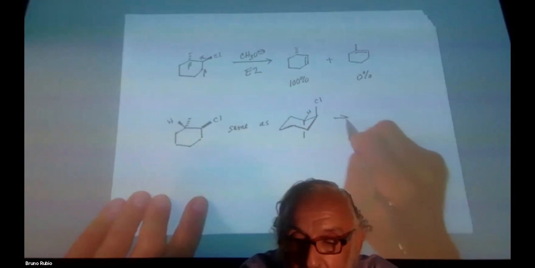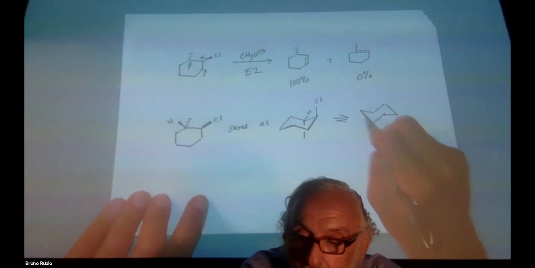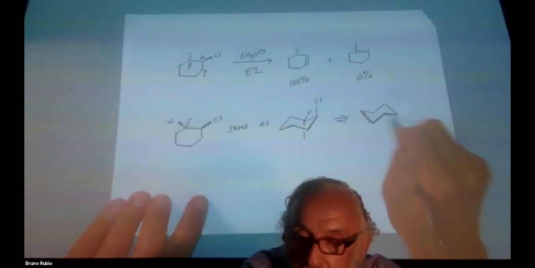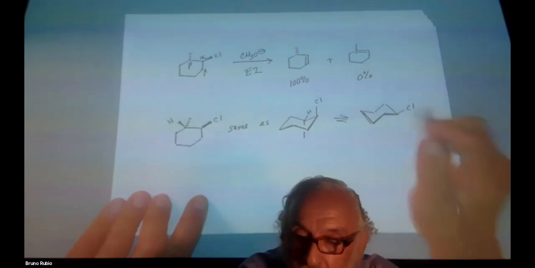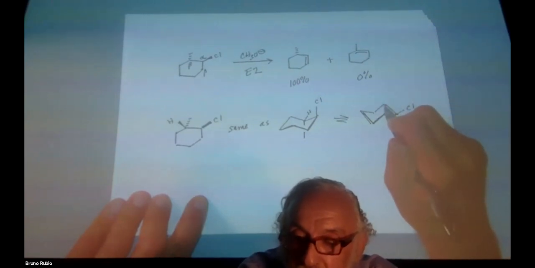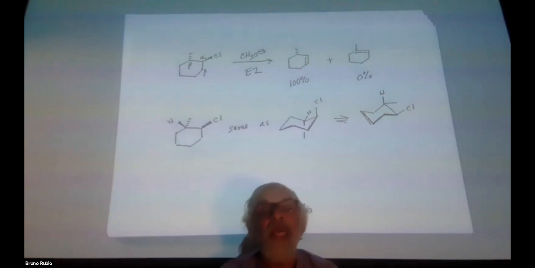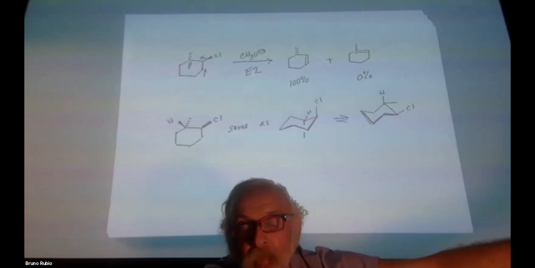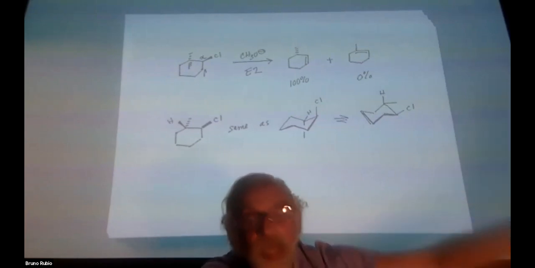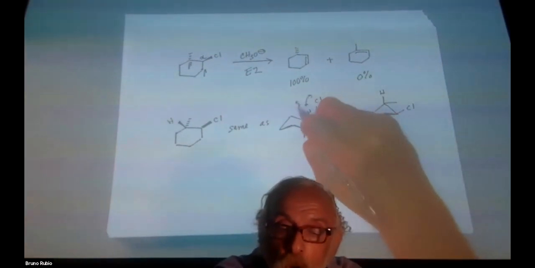Okay, what does the other chair look like? All right, the other chair: the Cl used to be axial, it's now equatorial. The hydrogen used to be equatorial, it's now axial. The methyl group used to be axial, it's now equatorial. And once again, the Cl and the beta proton that makes the double bond on the left can never be anti.